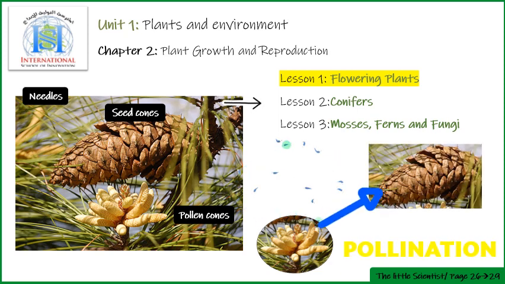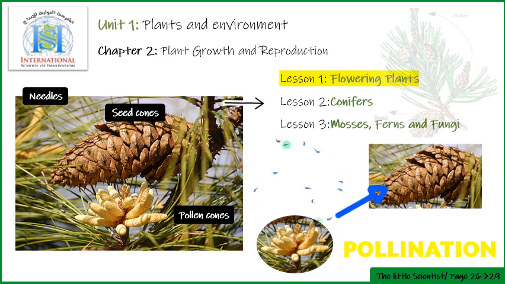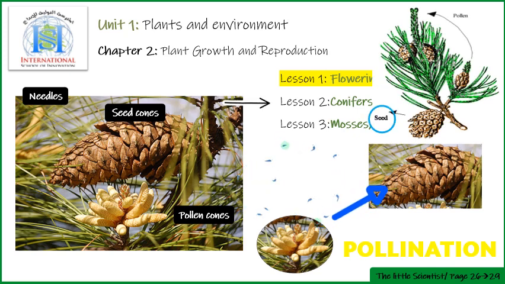So this is how pollination, or transporting pollen grains, happens. When the pollen grains are transferred to the seed cones, they meet the ovules inside and we get the seeds. Once these seeds are planted in the soil, we get a new conifer tree.